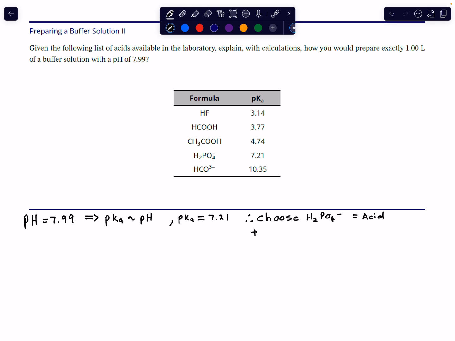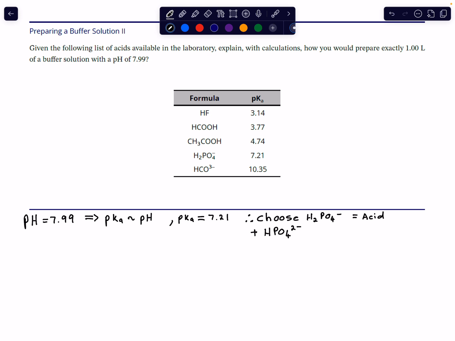We combine it with its conjugate base, which is hydrogen phosphate, HPO4 2 minus. And that is going to be our choice of buffer.